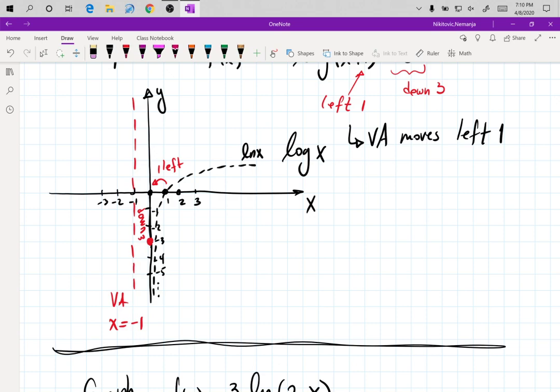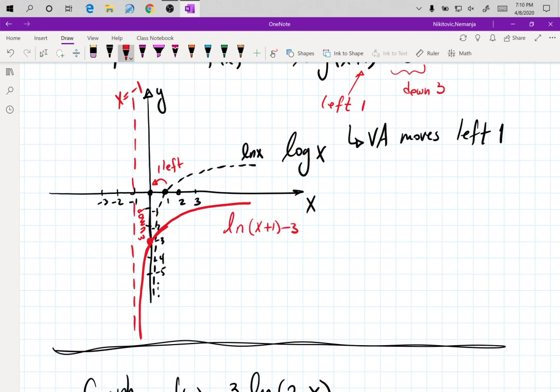So, let's move this nonsense above. So here. It is the same shape as the one up there, because it's the same type of function. It is ln of x plus 1 minus 3.